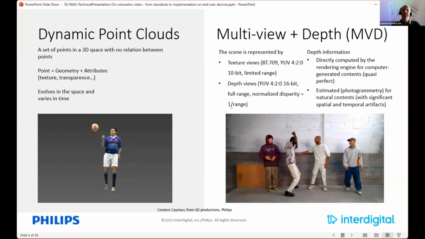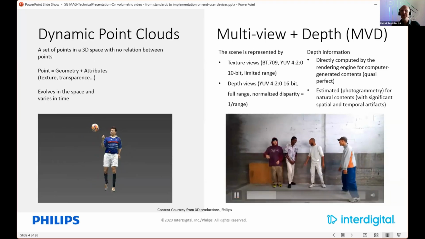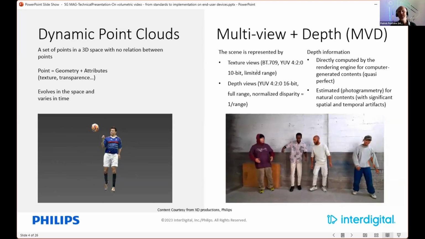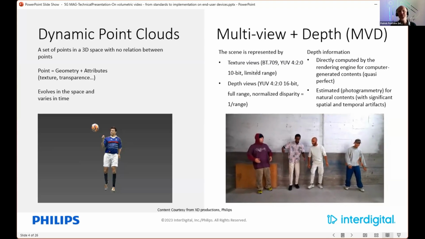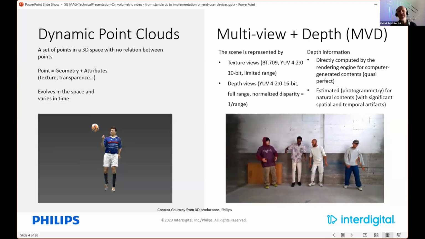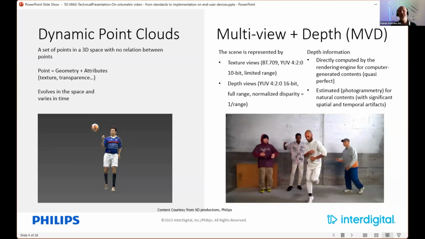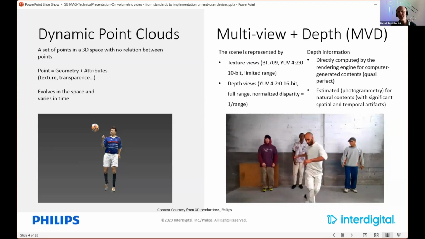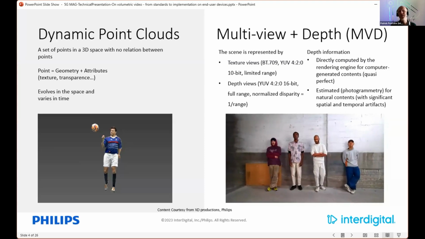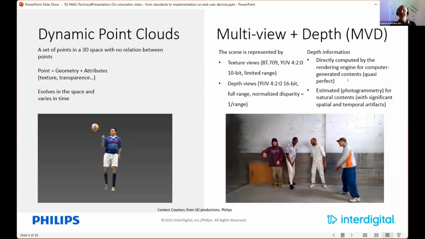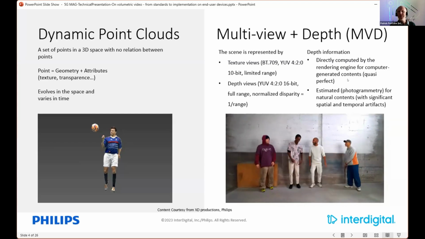On the right, it's a multi-view plus depth. In this representation, the input is multiple views, which is the output of the different cameras. Then the depth information of each pixel has been computed. Either it can be directly computed if the images come from, for example, computer-generated graphics, and then the depth information is quasi-perfect.